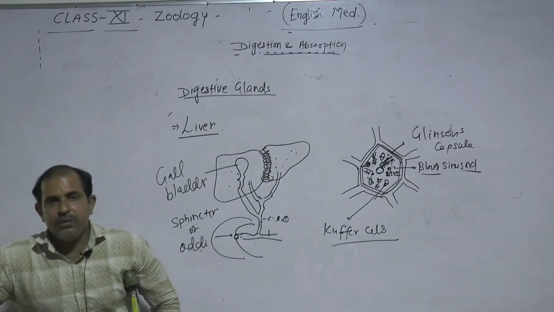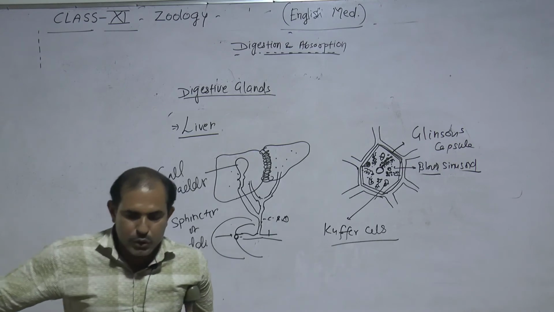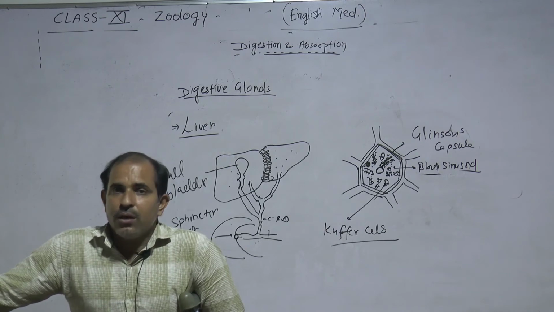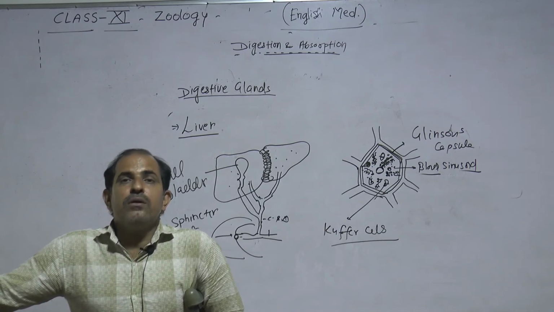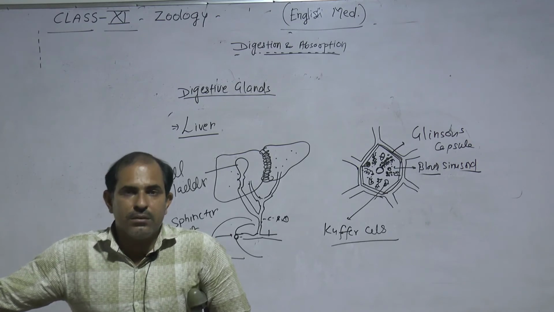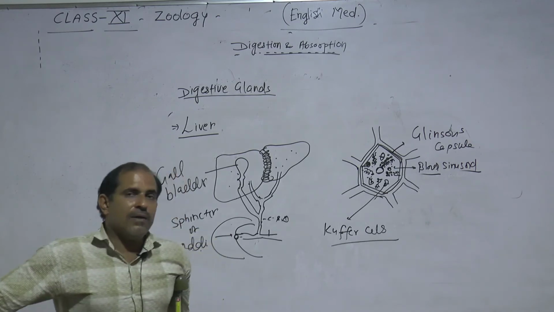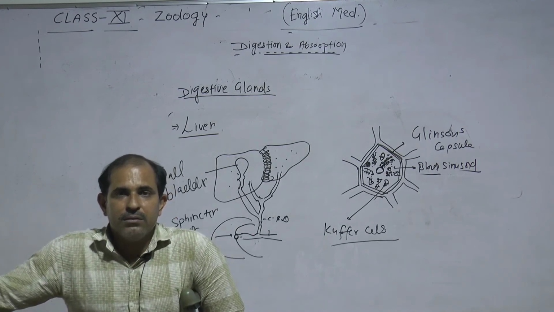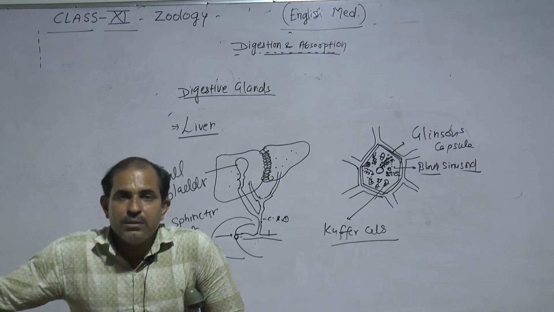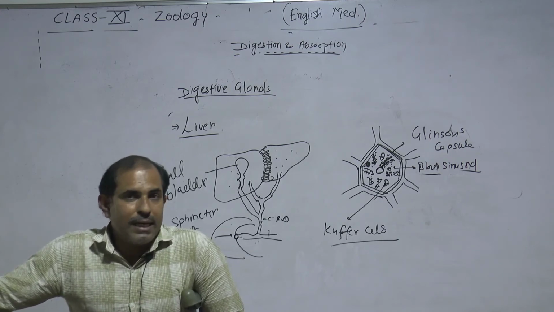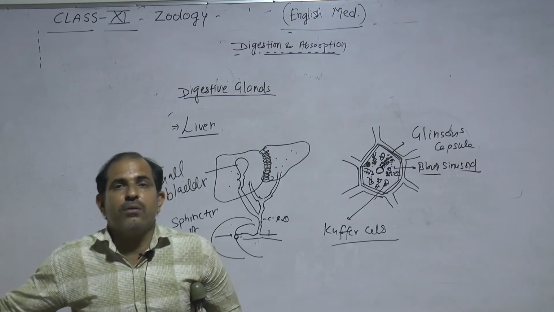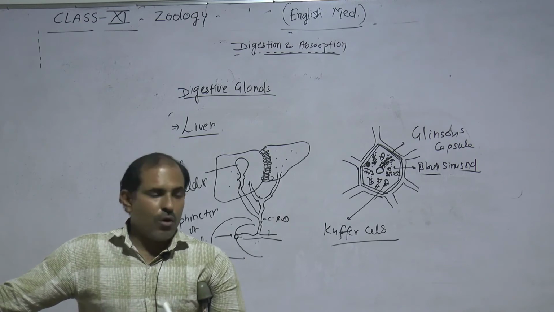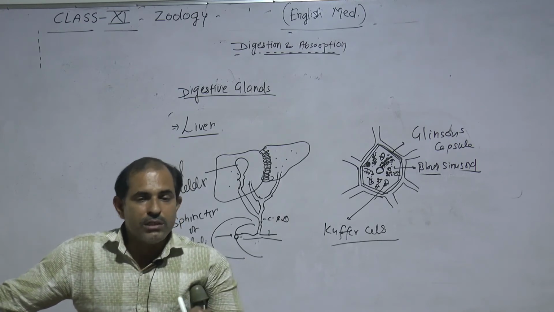Both the left and right hepatic ducts are fused together to form common hepatic duct, and the common hepatic duct and the duct of gallbladder, which is called cystic duct, are fused together to form a common bile duct, and the common bile duct joins the pancreatic duct and forms hepatopancreatic duct, and the hepatopancreatic duct opens into duodenum through sphincter of Oddi.